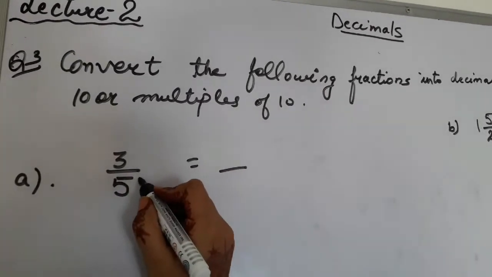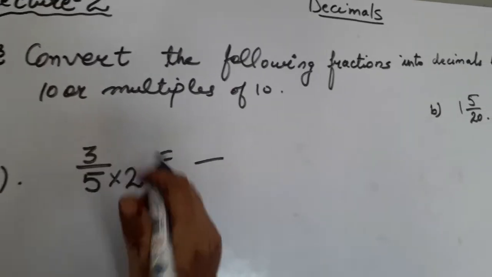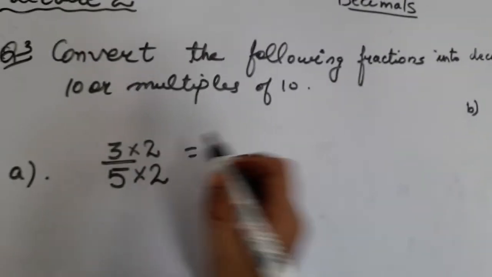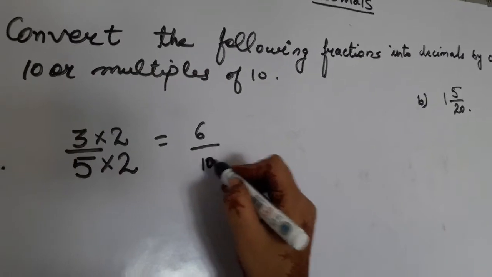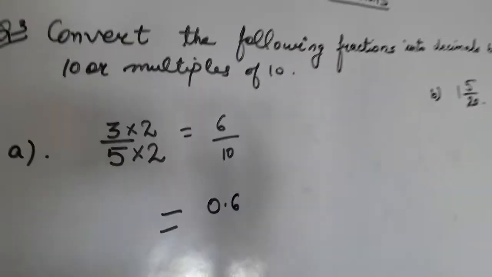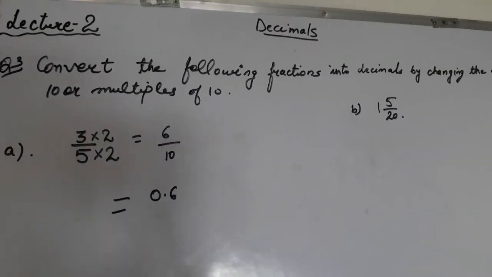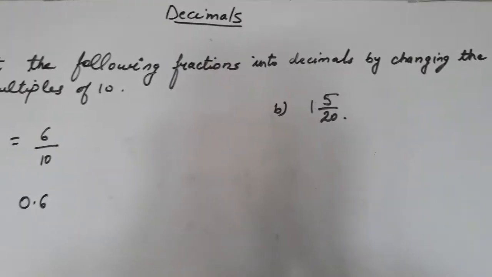Yes, I multiply by 2. Now if I multiply the denominator by 2, then I have to multiply the numerator by 2, right? So I will get 6 upon 10 and its decimal becomes 0.6, right?